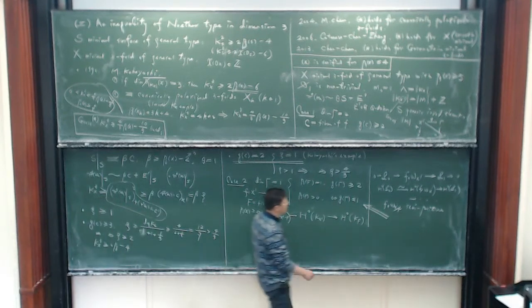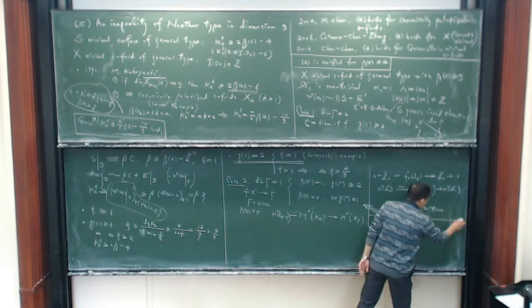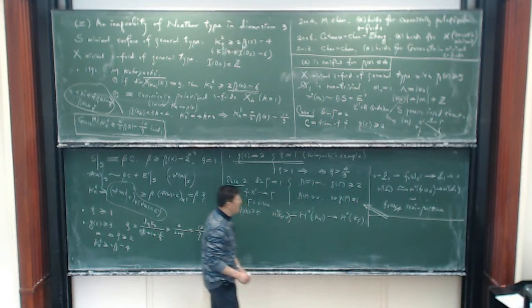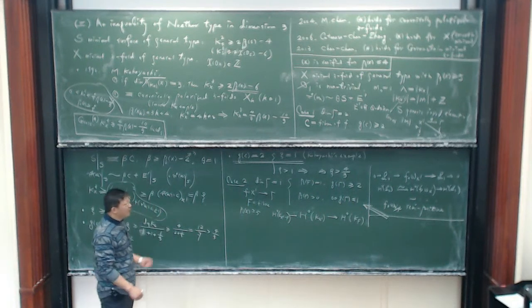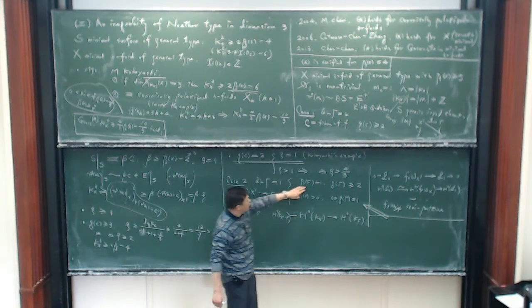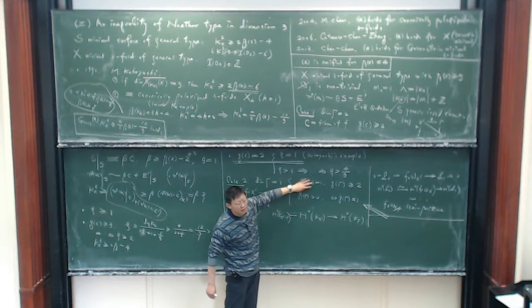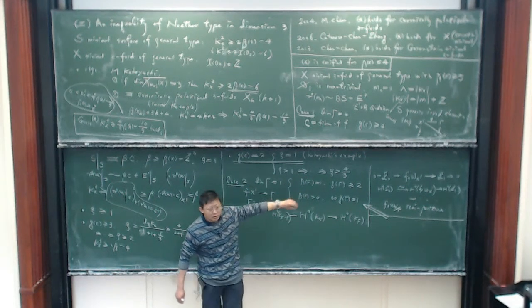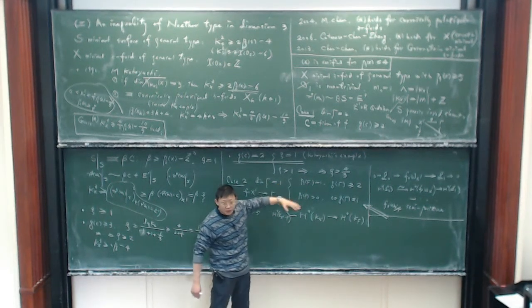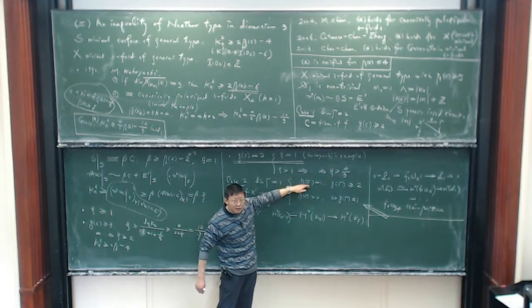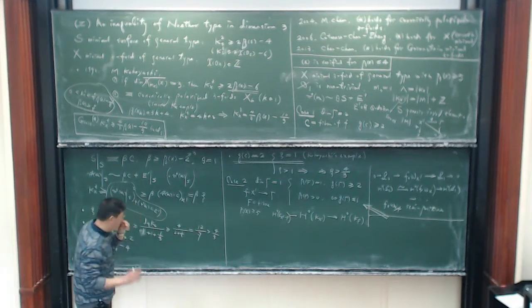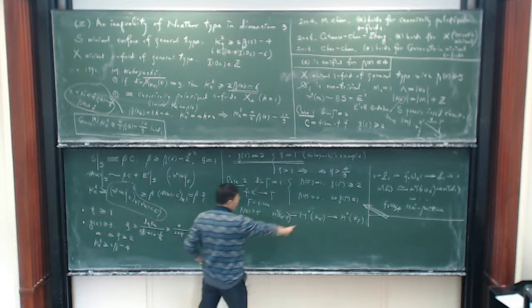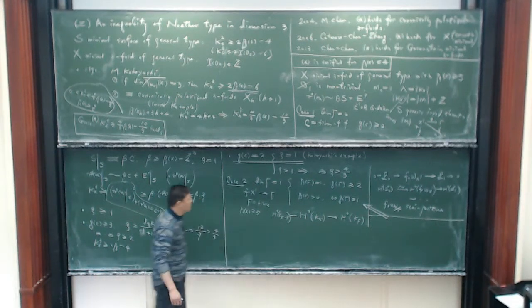So this is parallel to the surface case. In the surface case, g of gamma is either 0 or 1. But in the surface case, this case cannot happen because a fiber always has genus at least 2. So the first case cannot happen. But in high dimensions, this definitely can happen. So anyway, this is not the hard part.